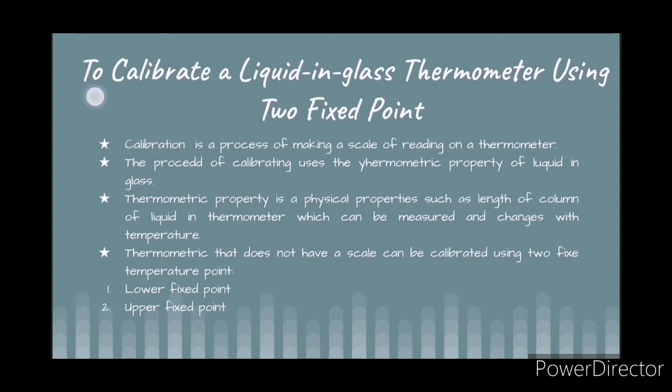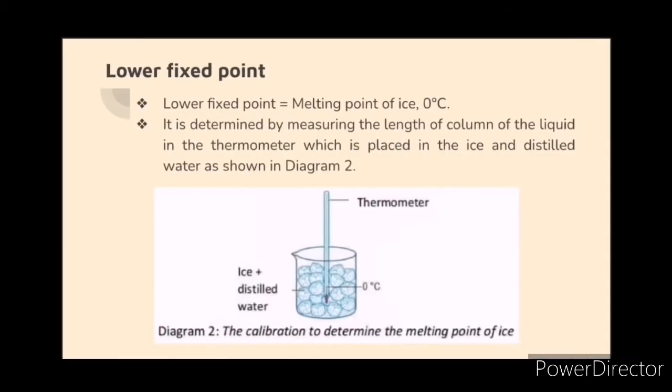A thermometer that does not have a scale can be calibrated using two fixed temperature points. There are a lower fixed point and an upper fixed point. The lower fixed point is the melting point of ice, 0 degrees Celsius.